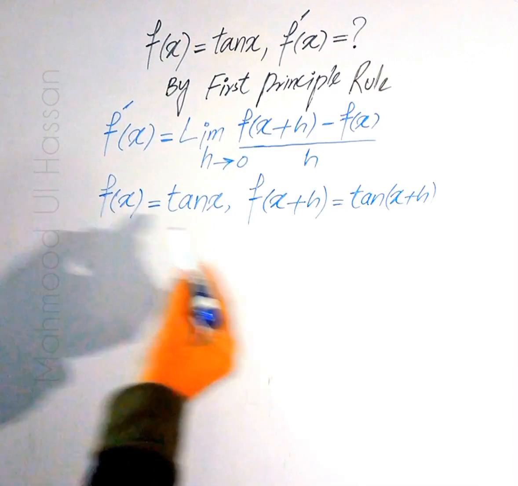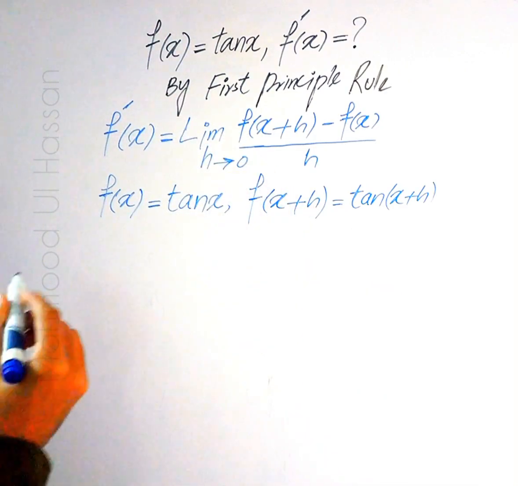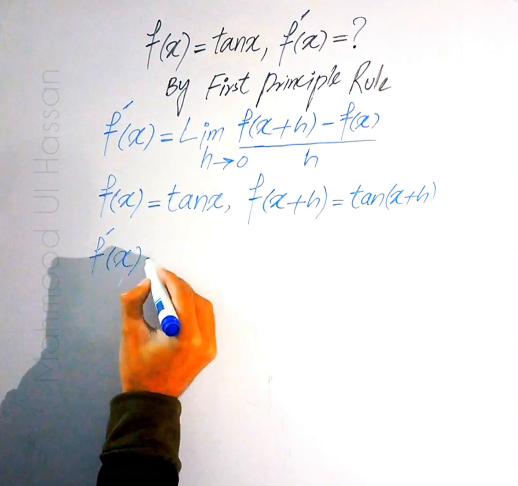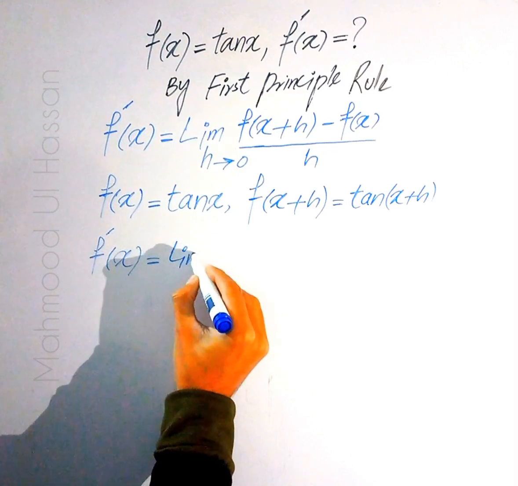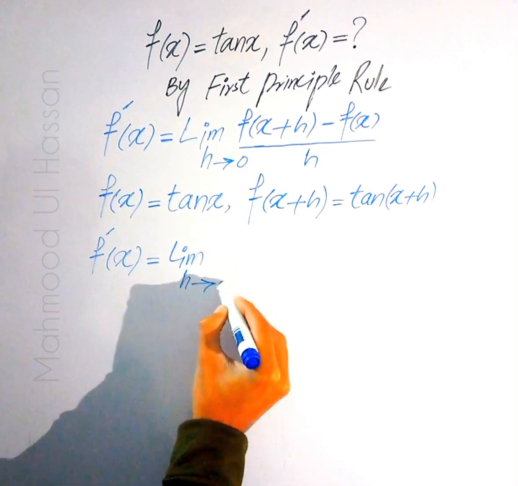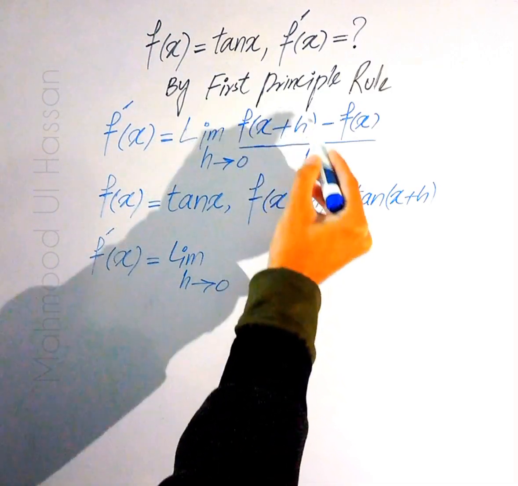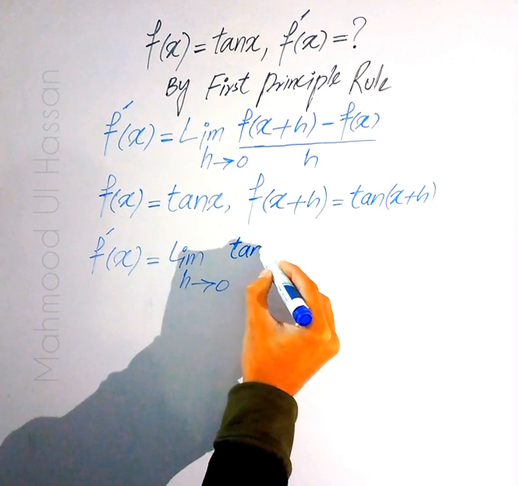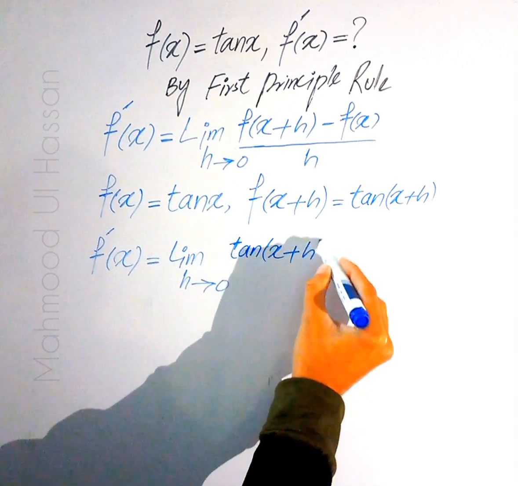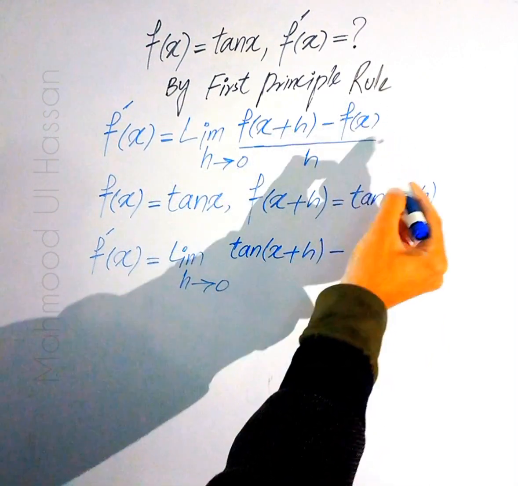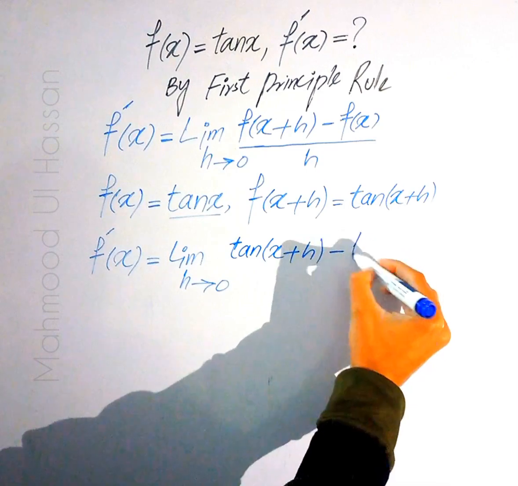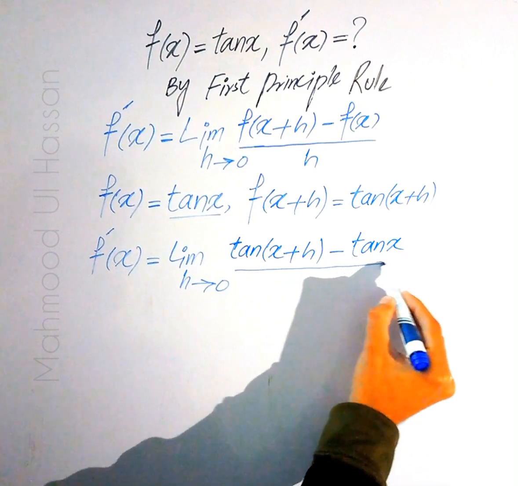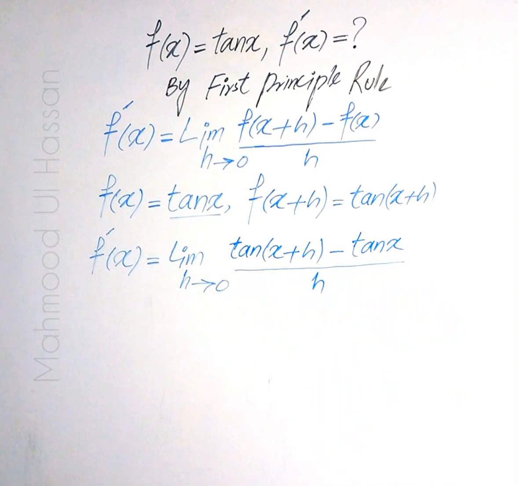So putting all these values into this formula, f prime of x is equal to the limit as h approaches 0, replace f of x plus h by tangent of x plus h, minus, replace f of x by tangent of x, divided by h. Is it clear?